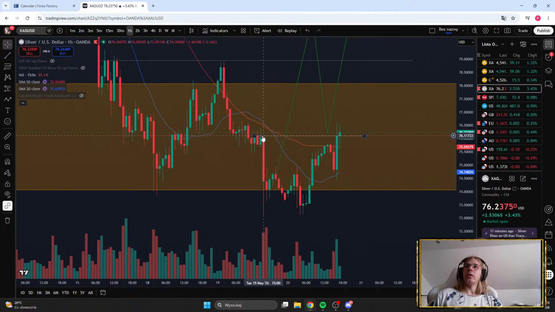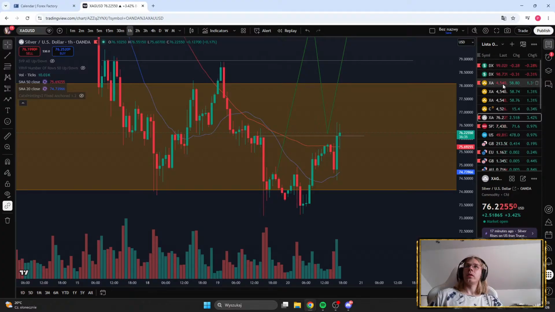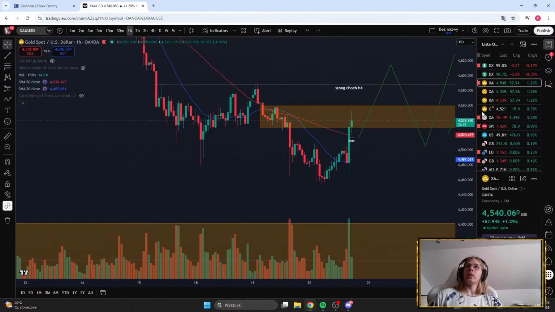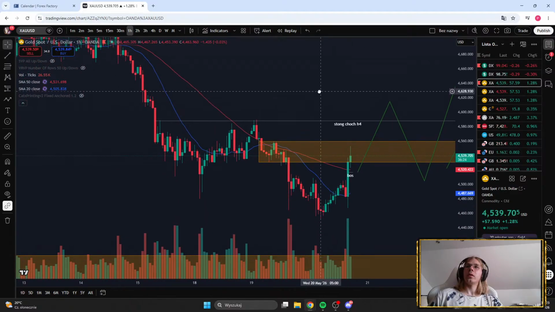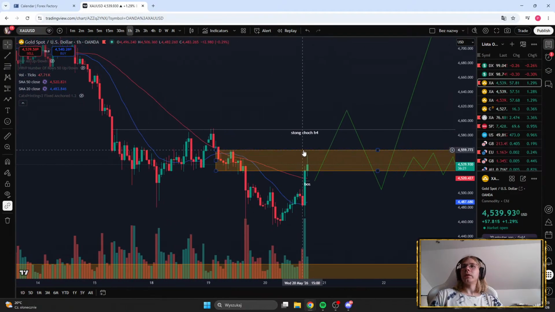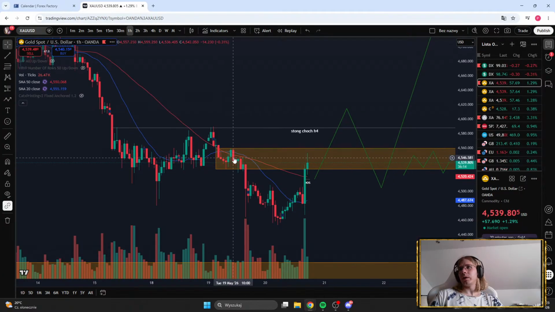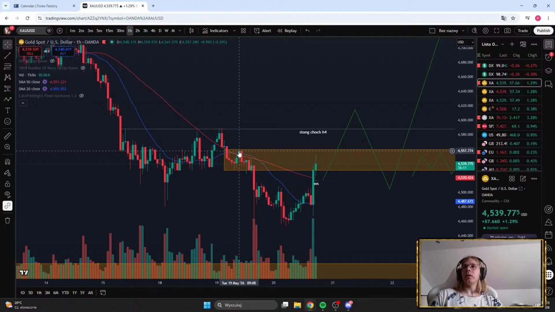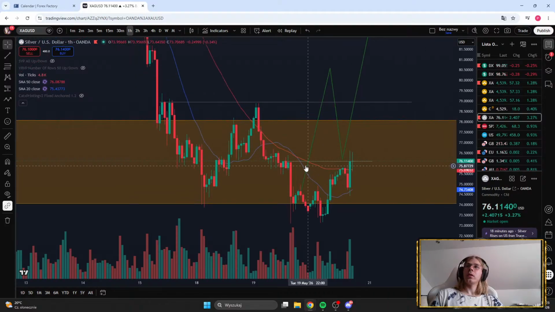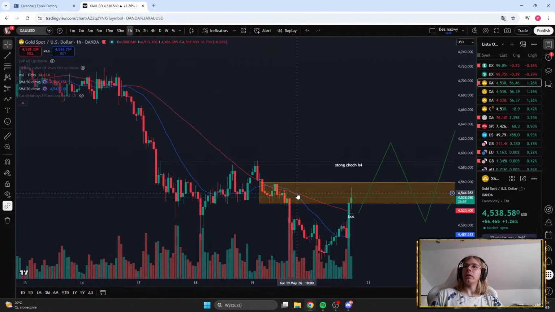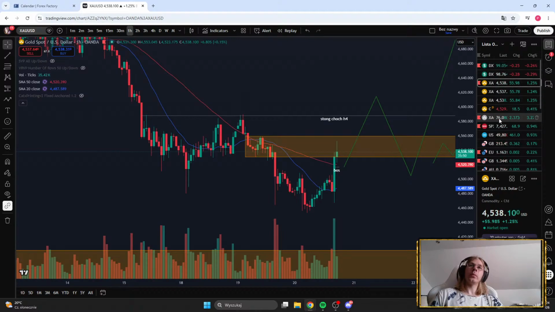Silver. Silver is a bit higher than gold. Silver is somewhere here on this lower high. Tiny lower high on 1 hour. Gold is lagging. Ah, no. Wait. Okay, they are at the same place.